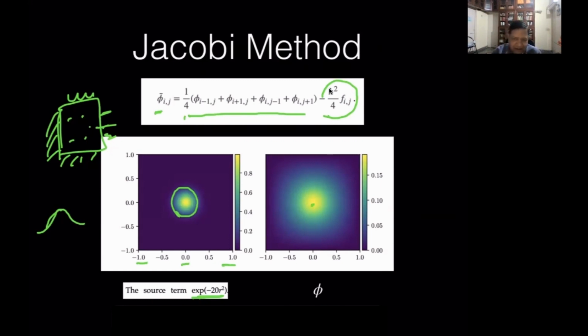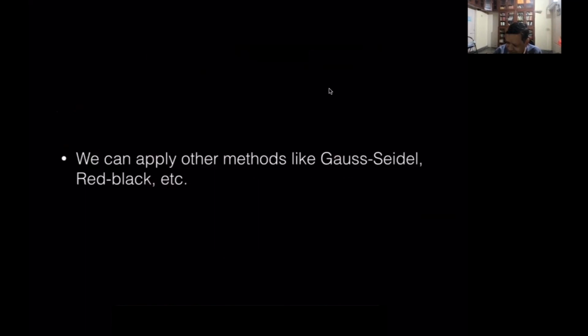We can apply other methods, identical to what I discussed for the Laplace equation: Gauss-Seidel, red-black Gauss-Seidel. You can apply all of them and we basically get the solution. I will not repeat them, you can just do it yourself.